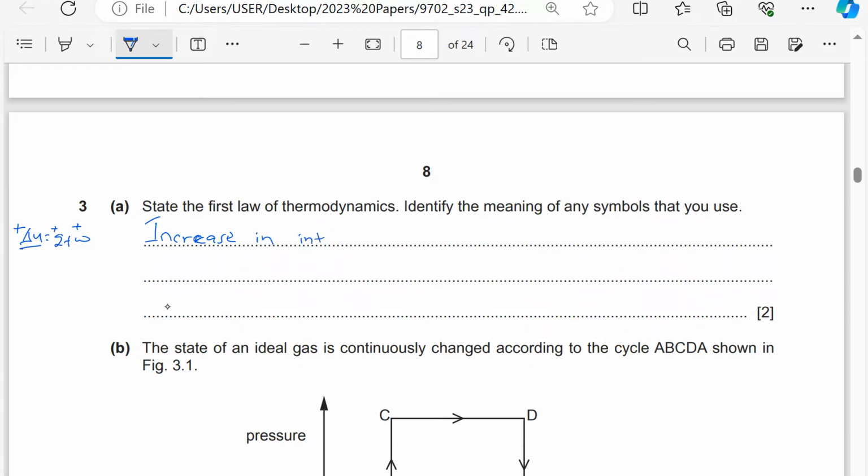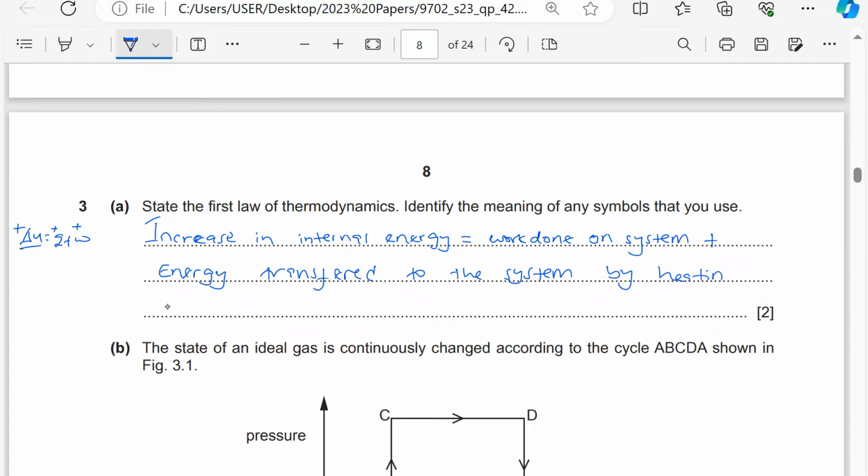in internal energy is equal to the work done on the system plus thermal energy transferred to the system by heating.